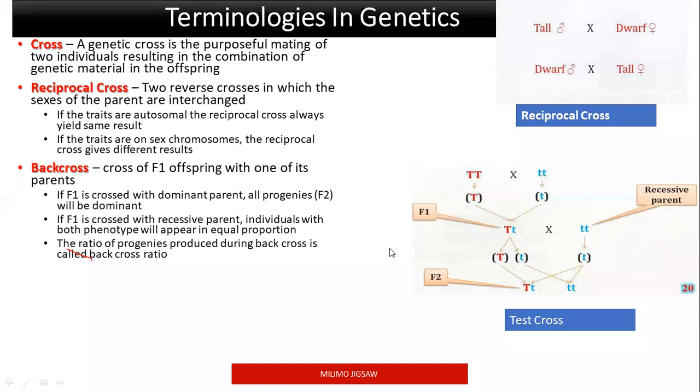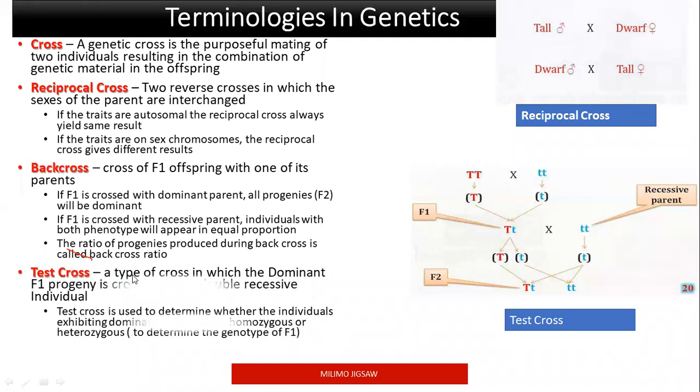The ratio of progeny produced during a back cross is what is known as the back cross ratio.